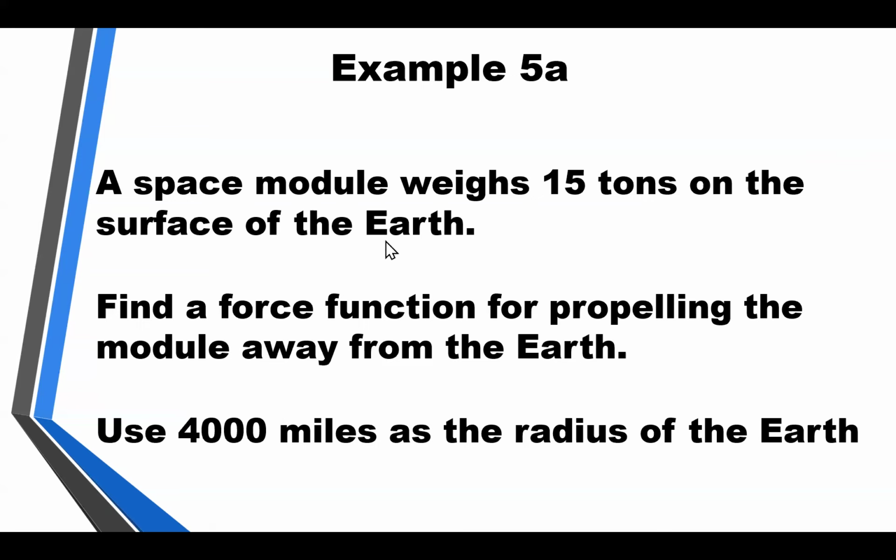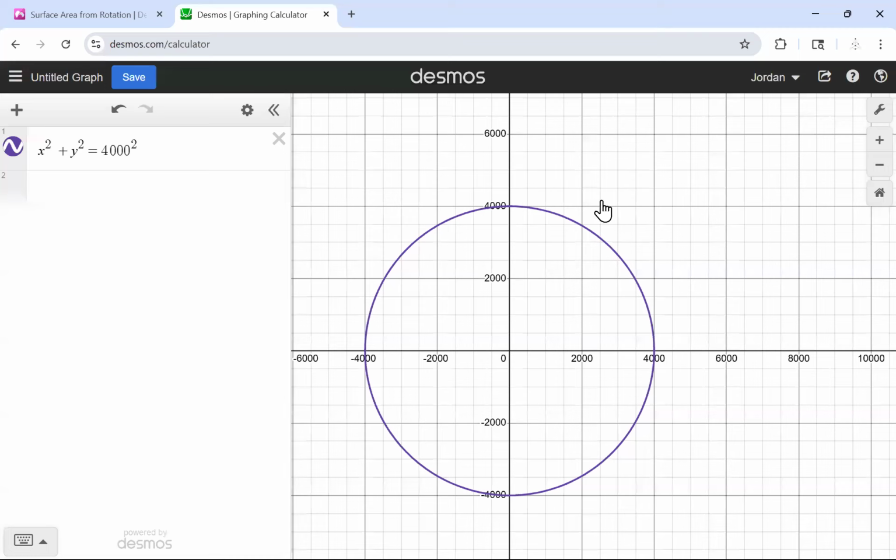Let me draw it out here. So I pretend that the Earth is basically a perfect circle here. And what I'm going to do is I'm going to put the space module right here on the surface of the Earth. Notice that the distance between the space module and the center of mass of the Earth is actually 4,000 miles.